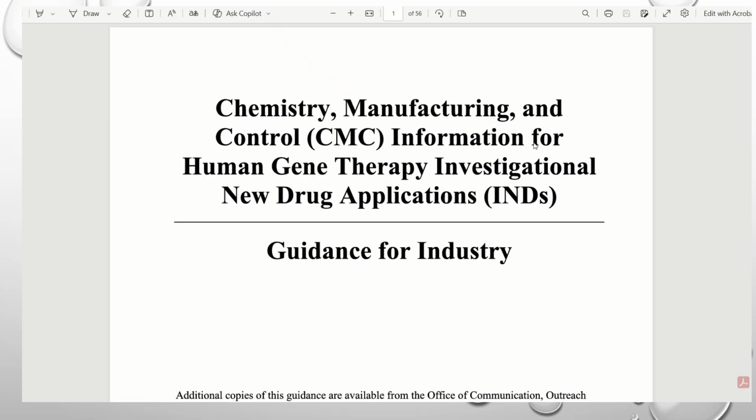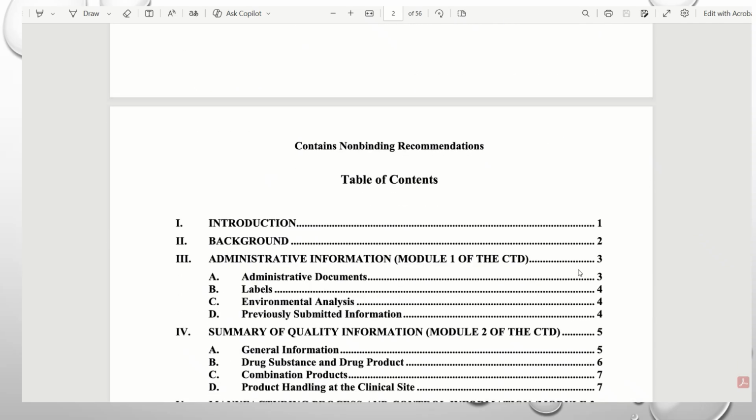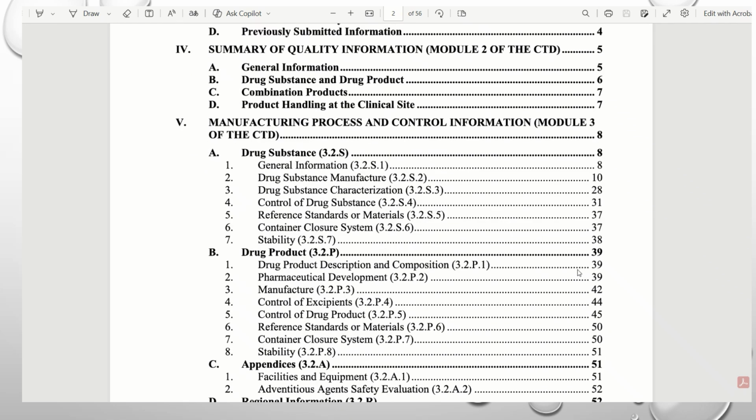So this is the FDA guidance document, and remember, in the United States, this is a human gene therapy investigational new drug. So it comes under this guidance. This guidance was adopted in January 2020. I think it's the latest guidance.